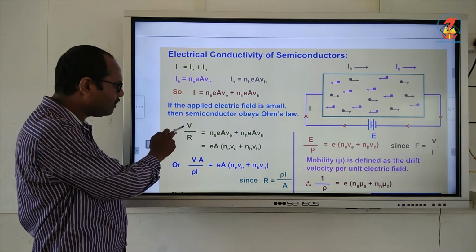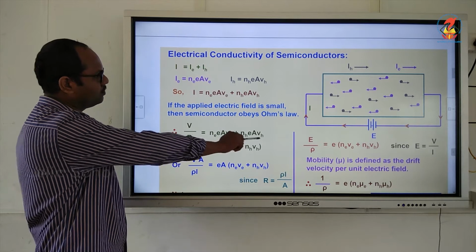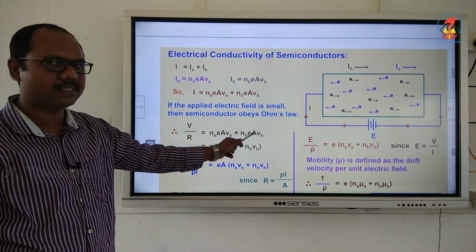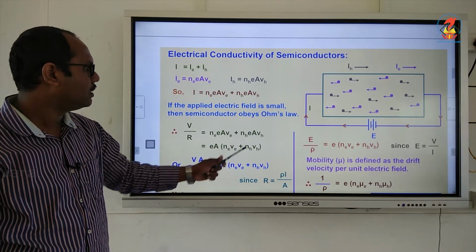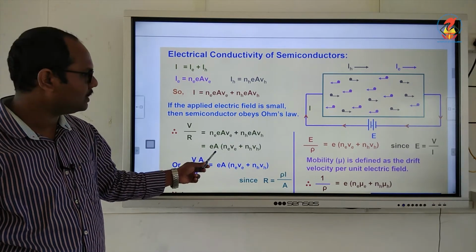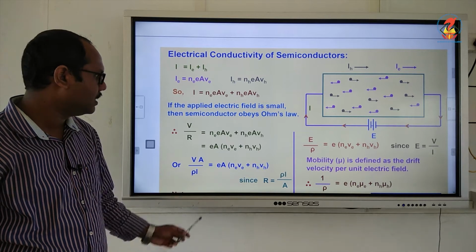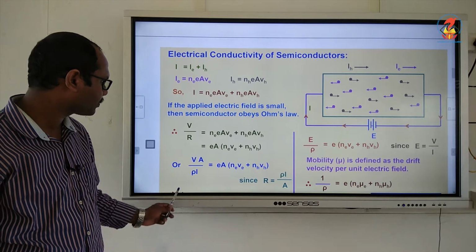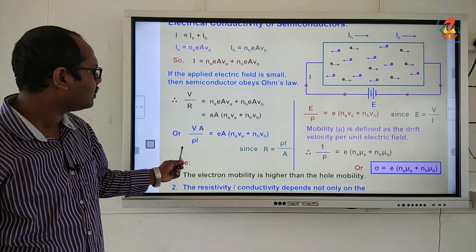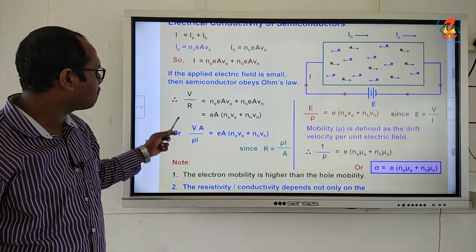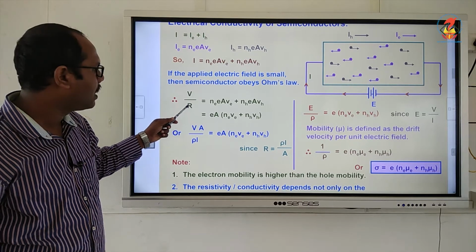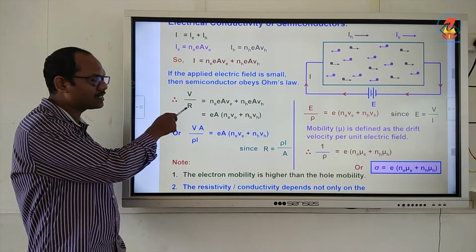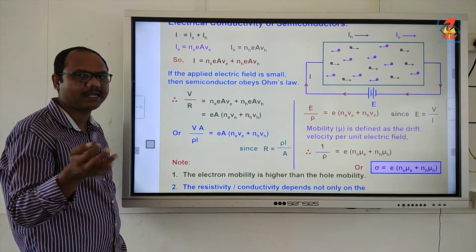And then we can say V by R is equal to I. So I wrote it like this, and in these two terms, e and A are constant, so I took eA outside. So eA into NeVE plus NHVH. Instead of R I can write rho L by A, because the resistance is rho L by A, which we studied in the 3rd chapter.